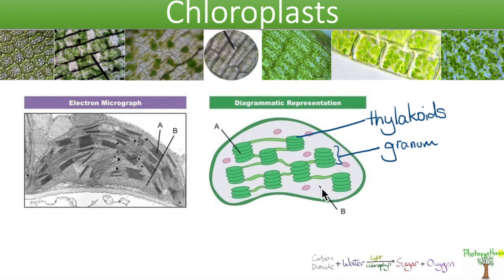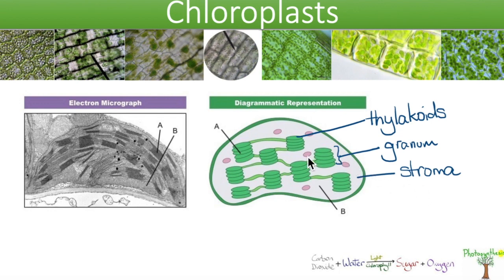A stack of thylakoids, one is just the one on the top, a stack of them is called a granum. Now this liquid that they are floating in, this is where it gets a little bit confusing, the stroma with an R. So remember before on the leaf we looked at the stoma, which was the entrance in and out, where the gases get in and out.